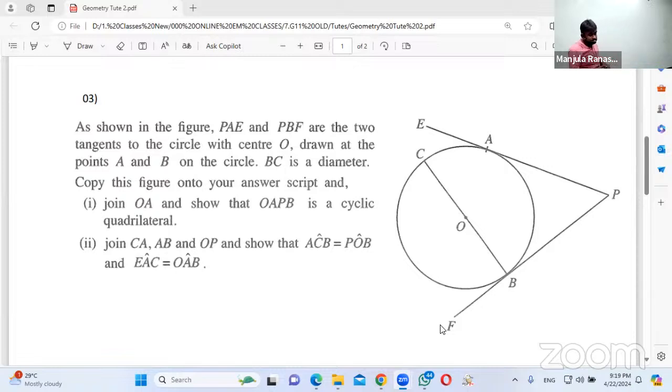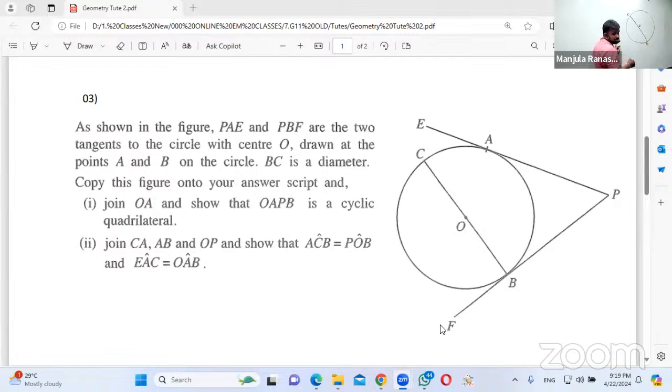Right, third one. See there, a circle is given. And COB is the diameter, O is the center.